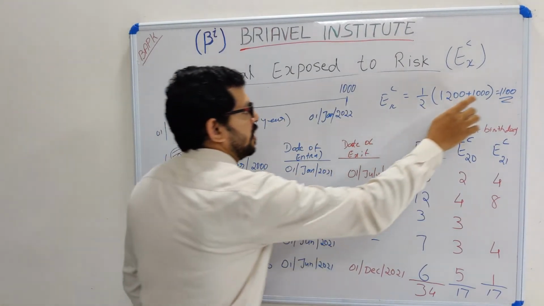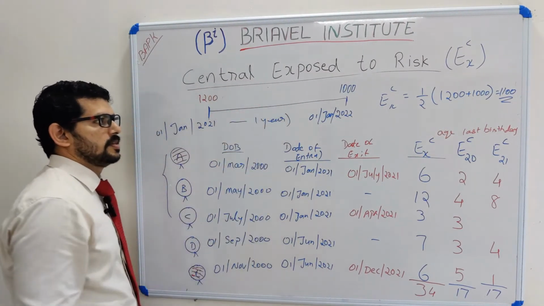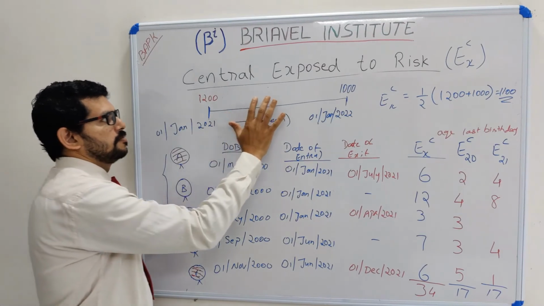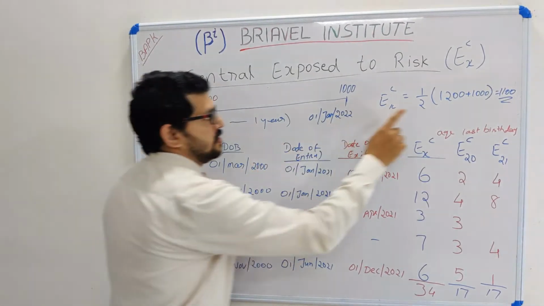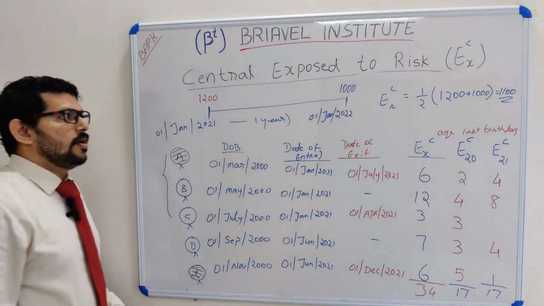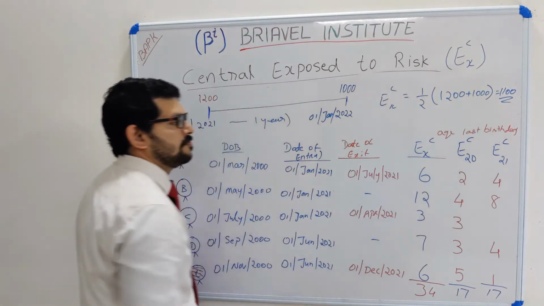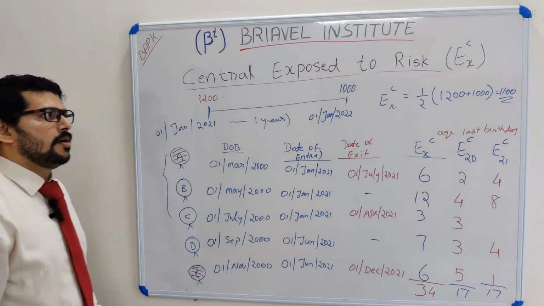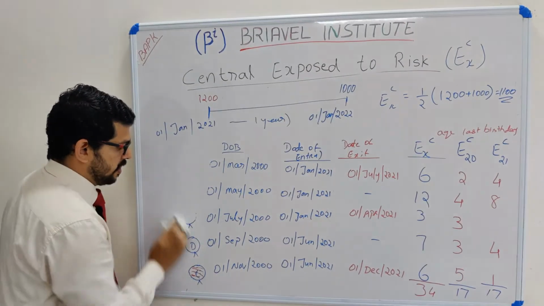So an average of 1,100 tigers are exposed to risk. This is the central exposed to risk. Now we have a formula and idea of how to calculate this central exposed to risk.